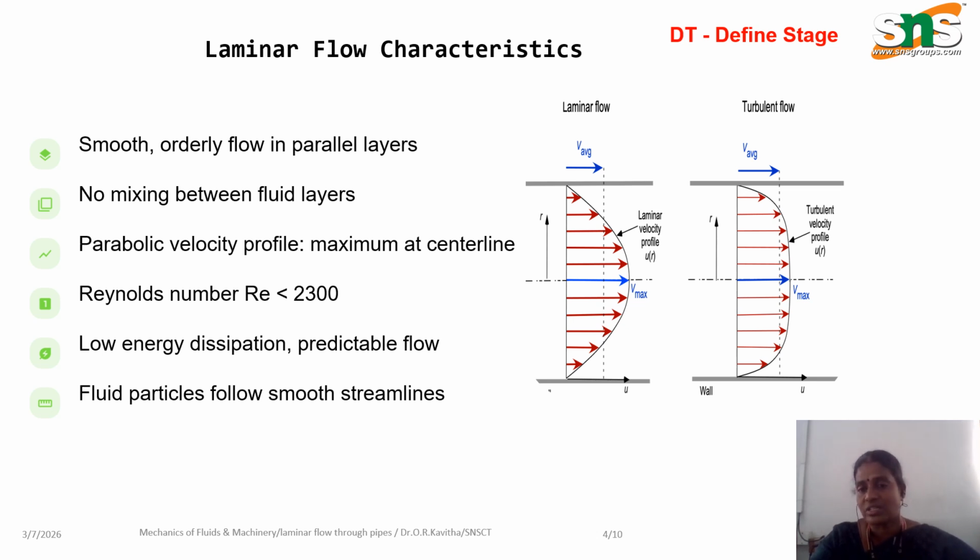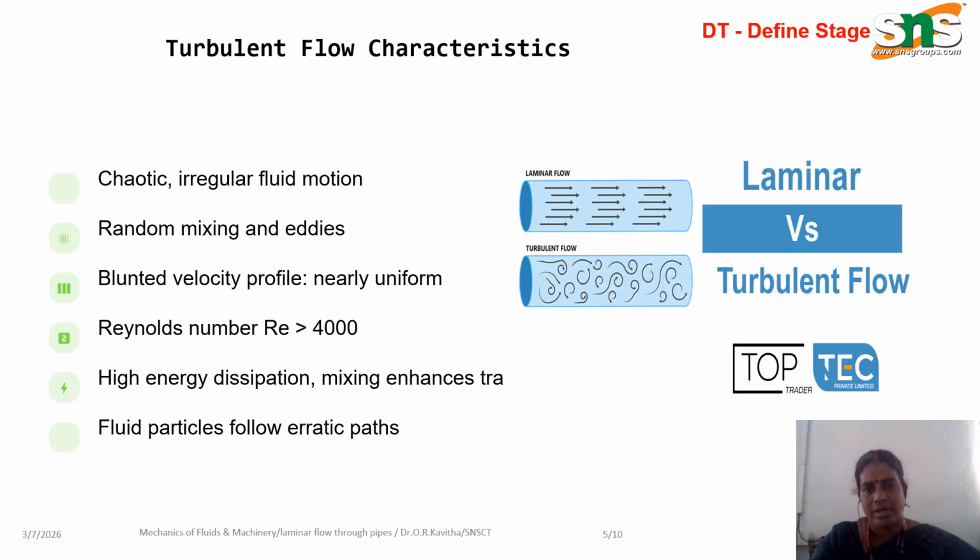If the flow is turbulent, the velocity variation will be like this. So here the velocity variation is entirely different for laminar flow and turbulent flow, and this also depends upon the Reynolds number. In the laminar flow, the flow lines will be like this, and in turbulent flow there will be the formation of eddies.